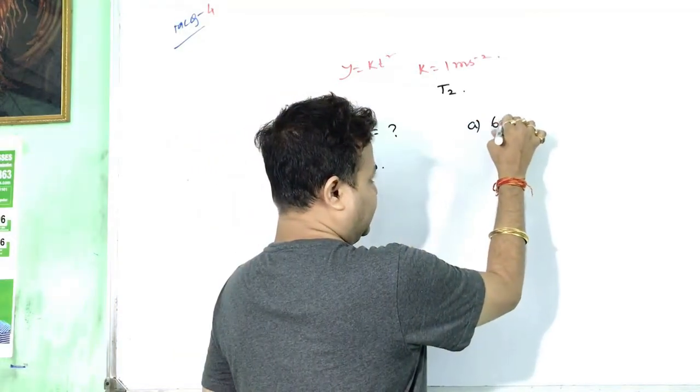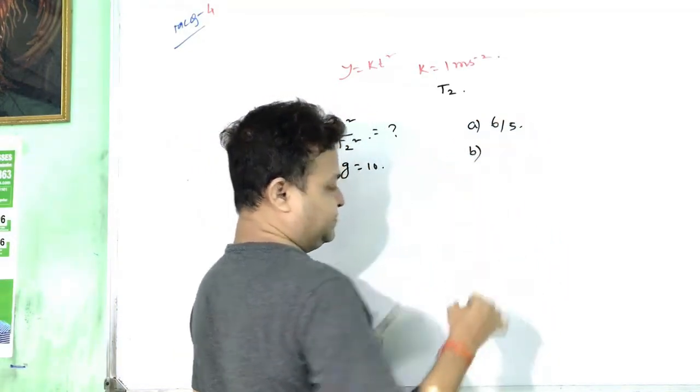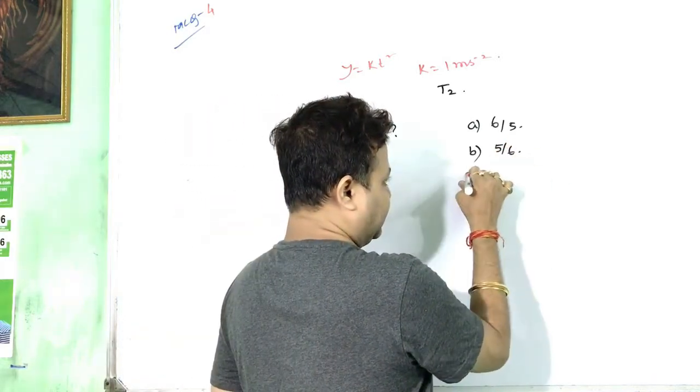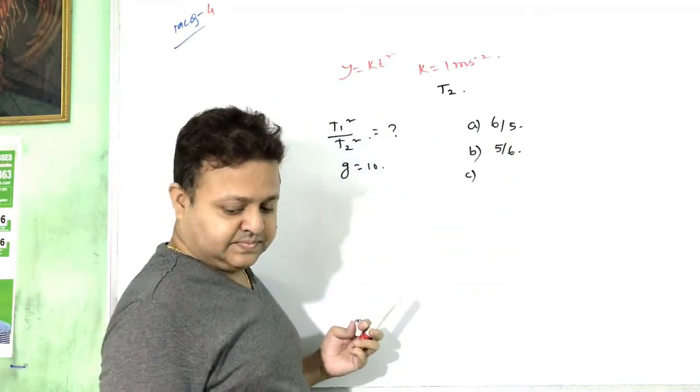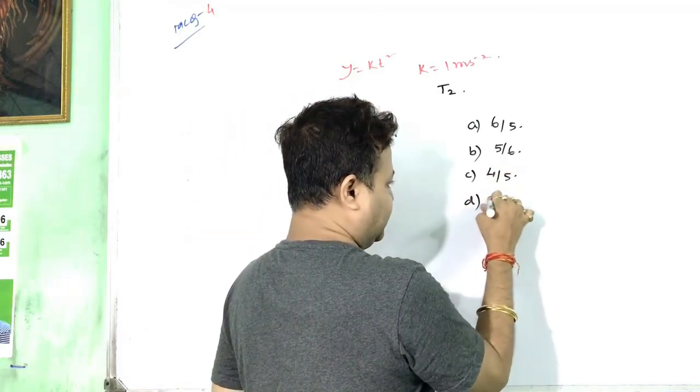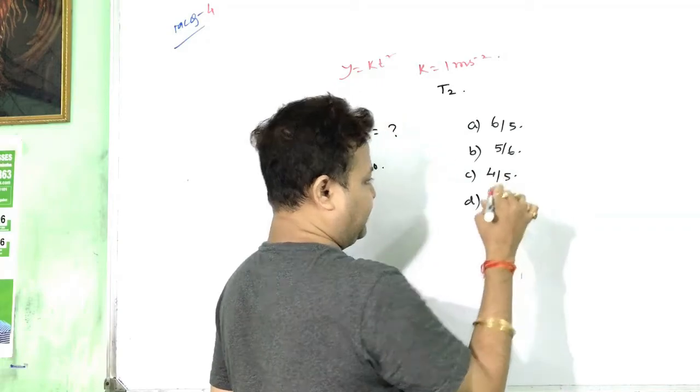Option A, 6 by 5. B, 5 by 6. C, 4 by 5. And D, 5 by 4.